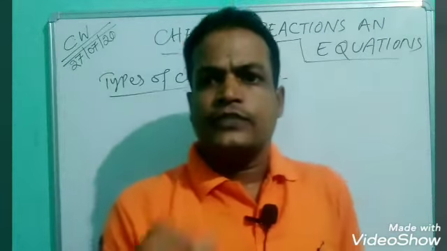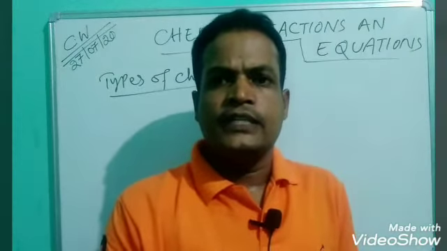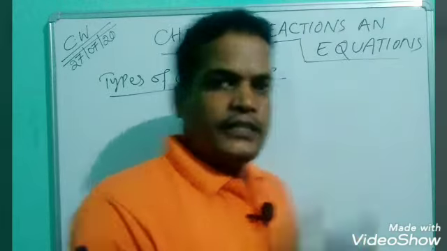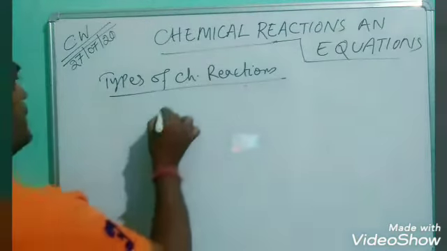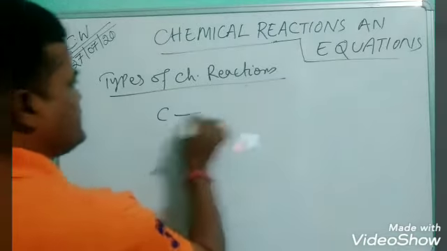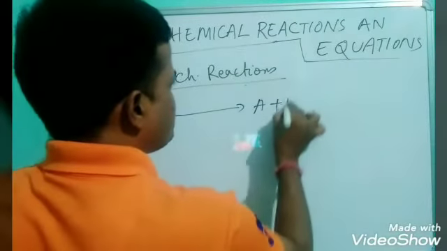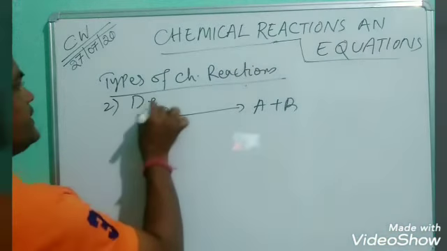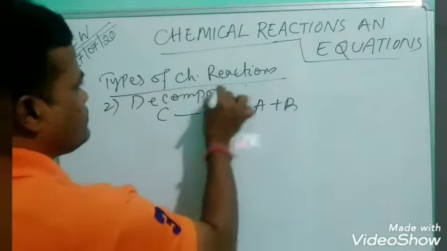Decomposition reaction, friends, is the opposite of combination reaction, in which a single substance breaks into two or more simpler substances. Let us see. When C is broken down into A plus B, it is called decomposition reaction.